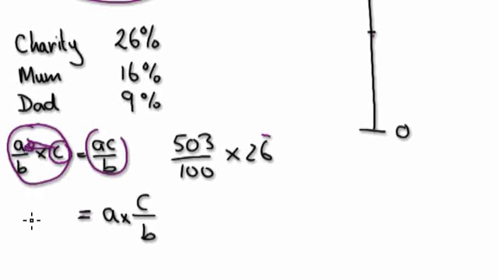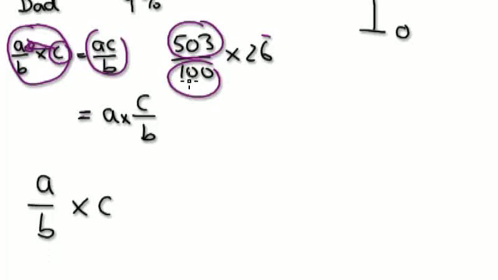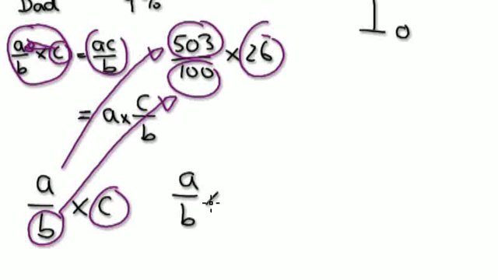Okay, so what I'm trying to say is, let me do it down here. When you have a fraction like this, and you times a number like what we're doing here, this is A, this here is B, and this is C here. Can you see that? When you have a fraction like this, and you times a number, it gets multiplied to the top.